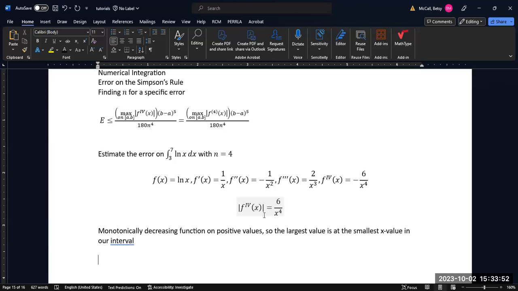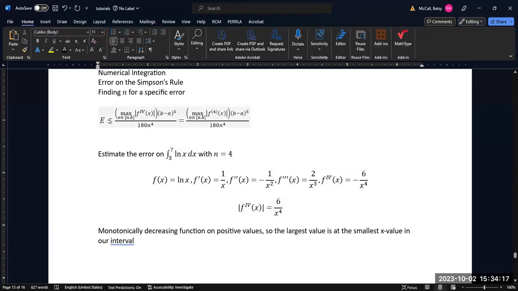So it's always important to think about what kind of function you have, and if there are potential peaks or valleys inside the interval, you do need to take those into account because you need the maximum on the interval. But our maximum is going to occur at x equals 3, which is the smallest x value.